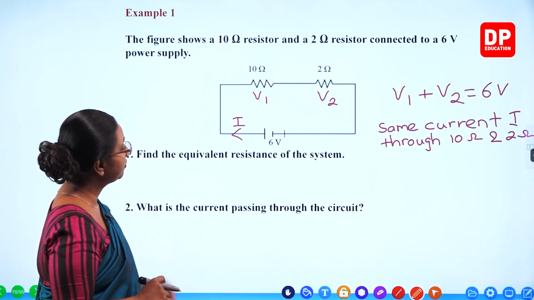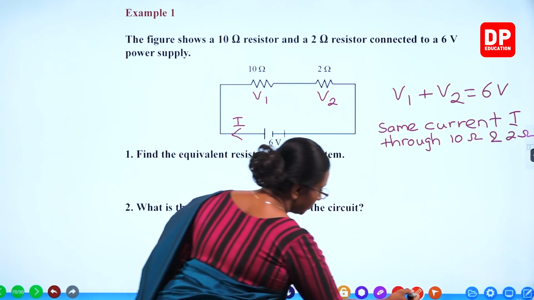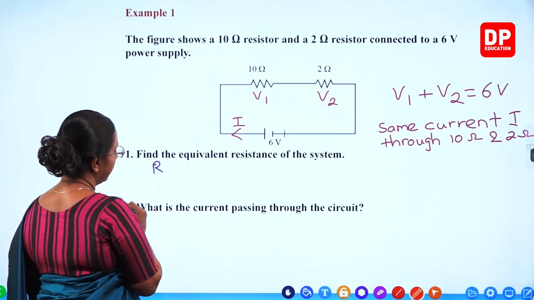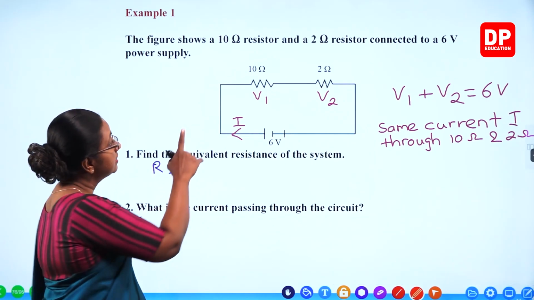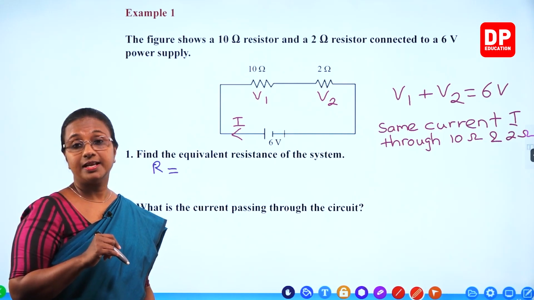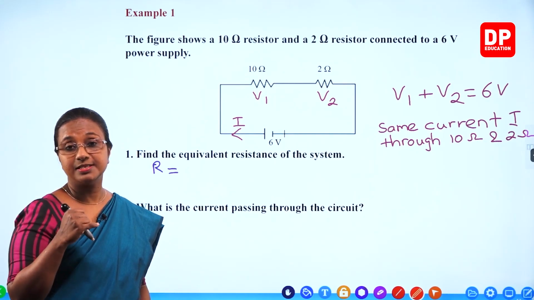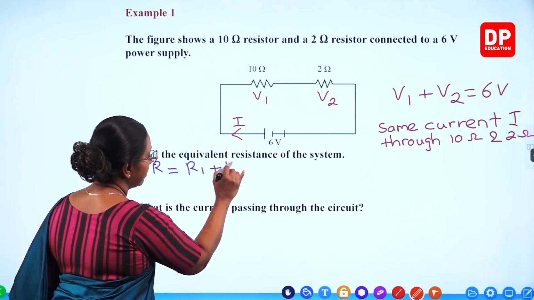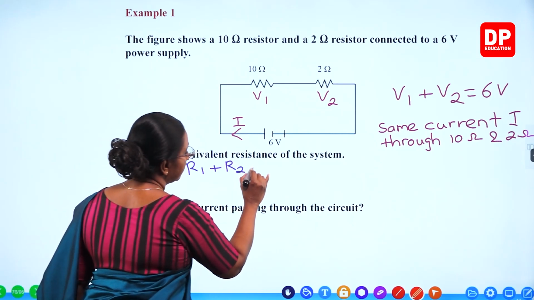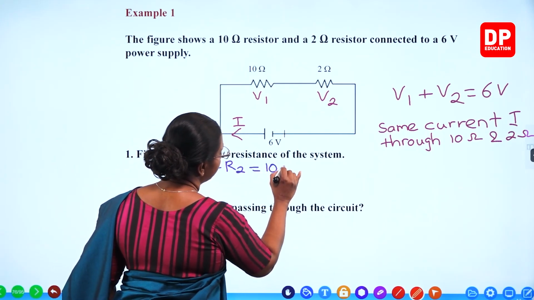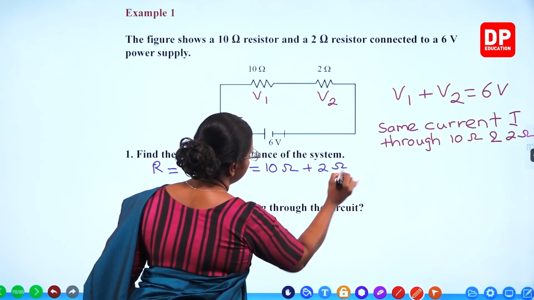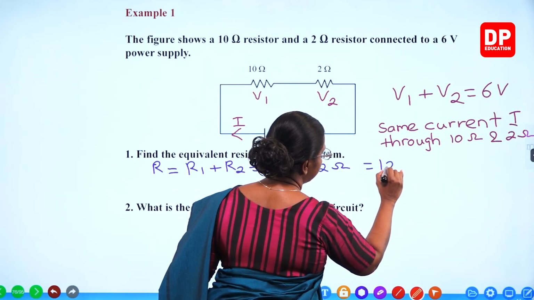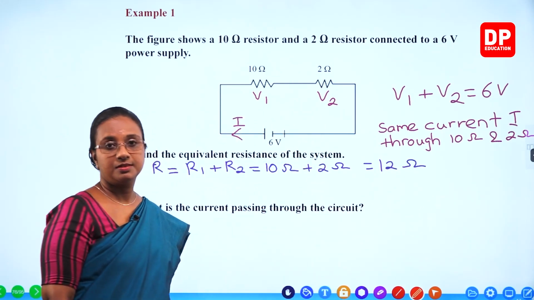Find the equivalent resistance of the system. So we need to find the equivalent resistance. What is that? R is equal to what? Sum of the resistances of the resistors connected there. Since there are only 2 resistors, we will write it as R1 and R2. That is equal to 10 ohm plus 2 ohm. So the equivalent resistance is going to be 12 ohms.